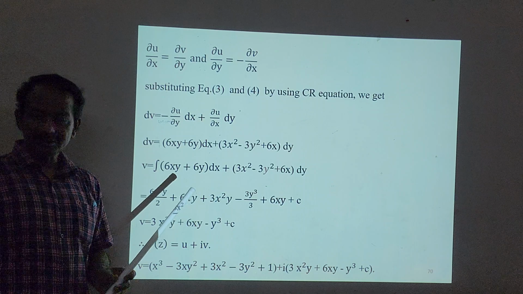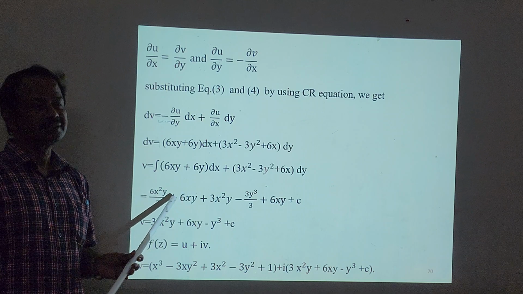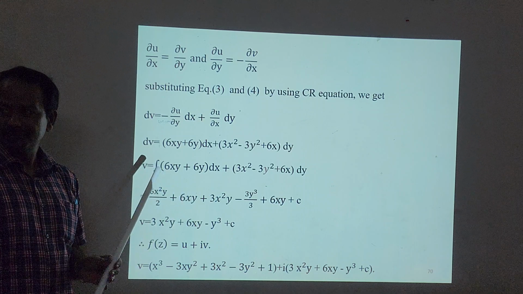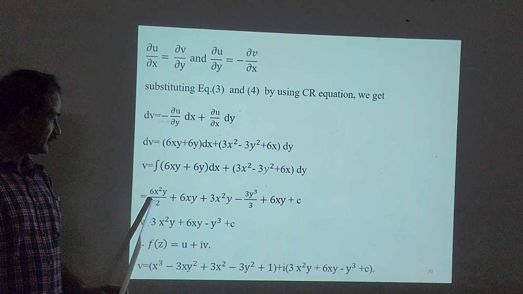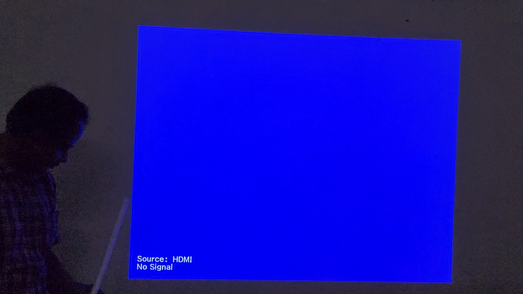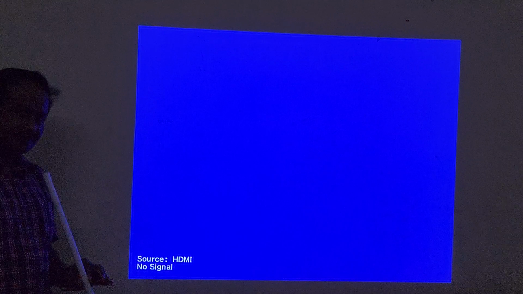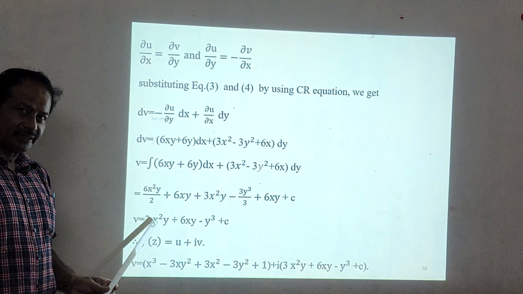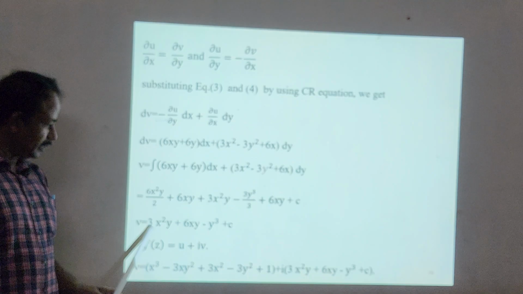Now a very important thing is repeated terms should be vanished. We should not take the repeated terms here usually. So here the repeated terms are 3x squared y.